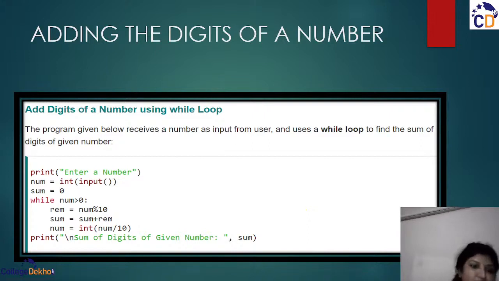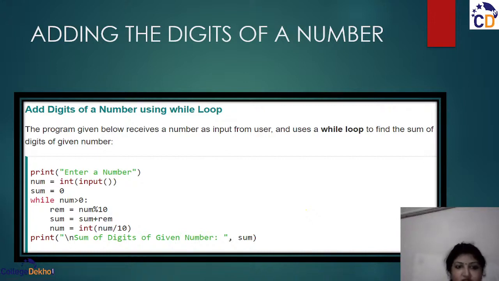Then the remainder can be extracted with the modulus operator. Then what you do is add it to 0, so 0 plus the remainder. Then again if you take the integer division of the number by 10, both the digits are basically segregated. They are separated from the number.